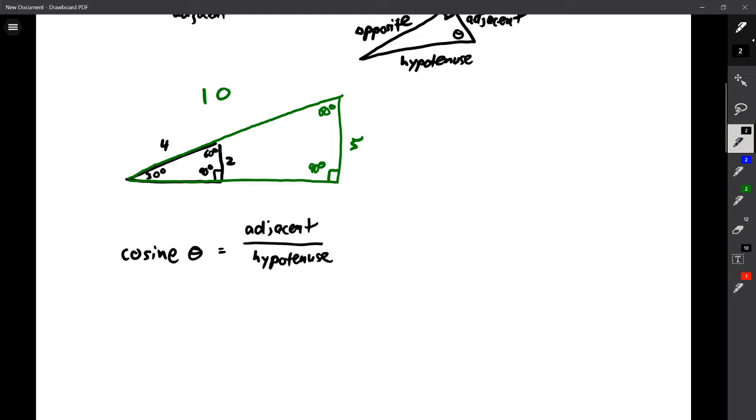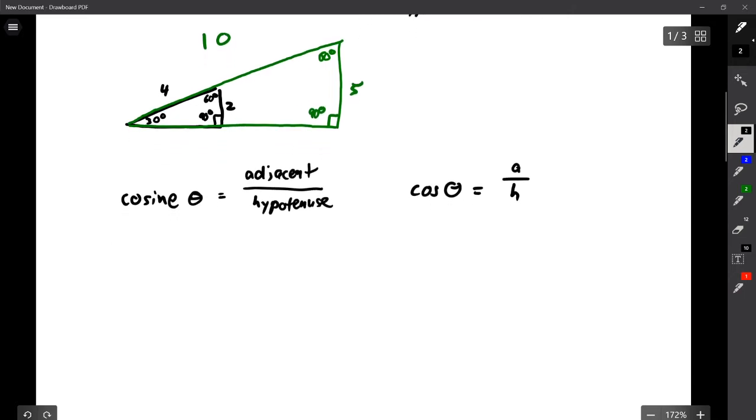And I'm going to shorten that to cosine of theta. Instead of spelling out the whole word cosine, usually it's just abbreviated COS. We're going to say COS is adjacent over hypotenuse. All right, we'll abbreviate like that.